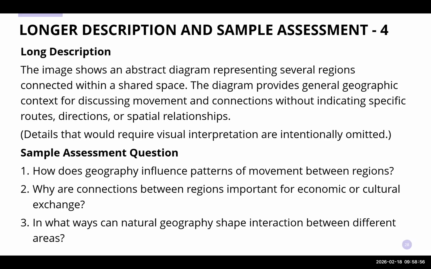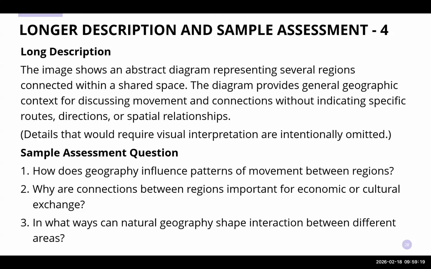So we keep the same learning goals, understanding geography and movement, but shift how we measure them. Instead of tracing lines, we ask conceptual questions. Why might traders choose a sea route over land, or how did geography shape migration, trade, and cultural connections?